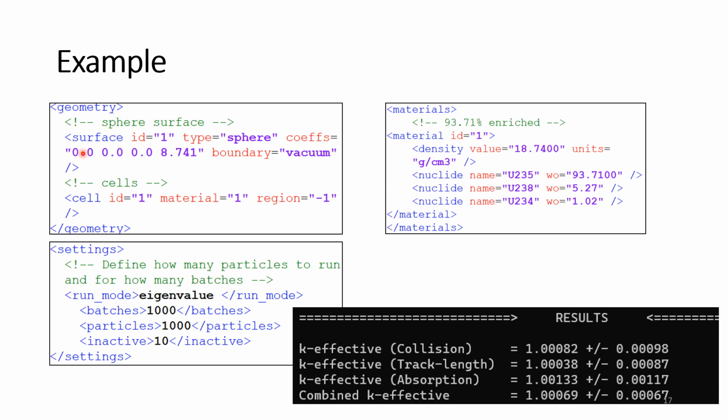So this is an example where you have the geometry and materials and the simulation parameters here. And now typical results are shown in this black window where you've got k effective for collision estimator, track length estimator, absorption estimator, and a combined k effective. In this particular case, you can see 1.00069 plus or minus 0.00067.